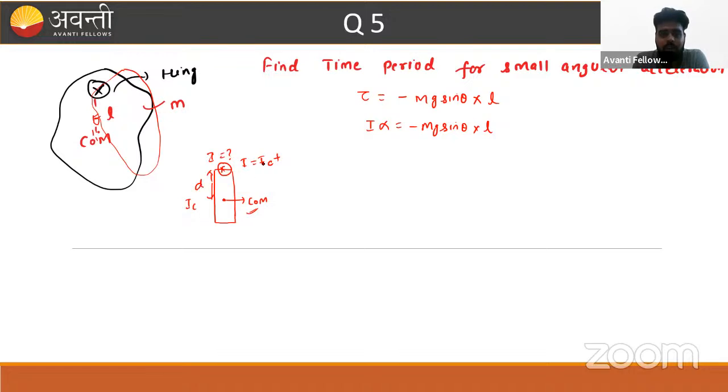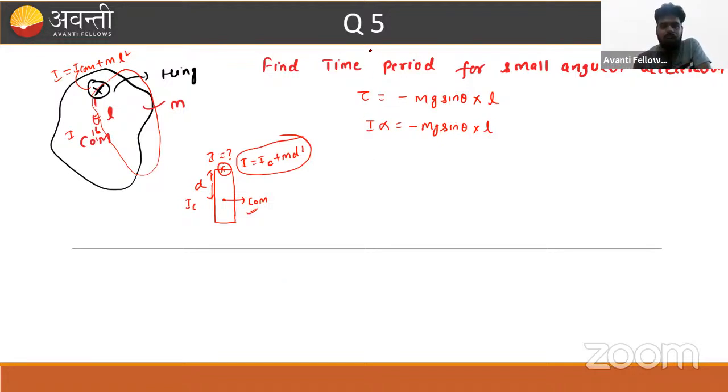Say the distance is d, this will become md square. I hope this is clear to everyone. So the moment of inertia about the hinge point can be written as I_COM plus ML square, because the distance between the suspension point and the center of mass is L. I hope this is clear.